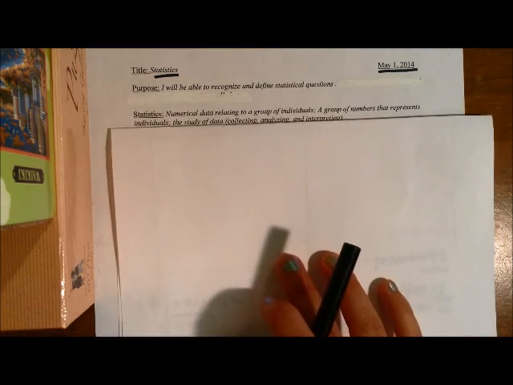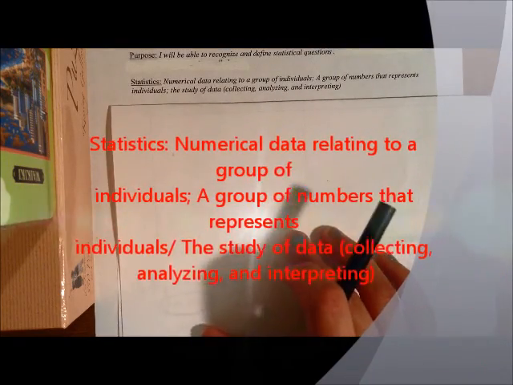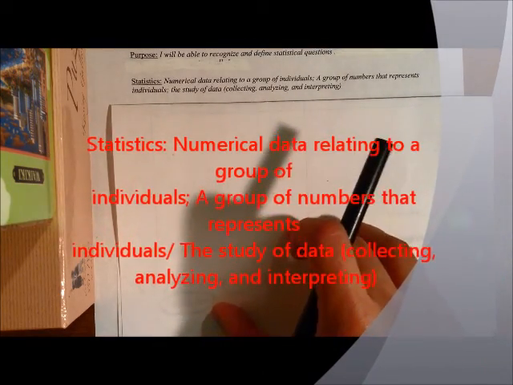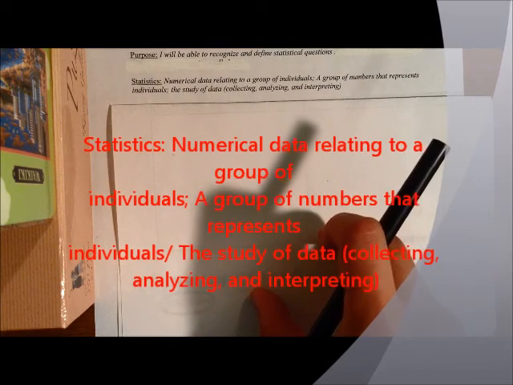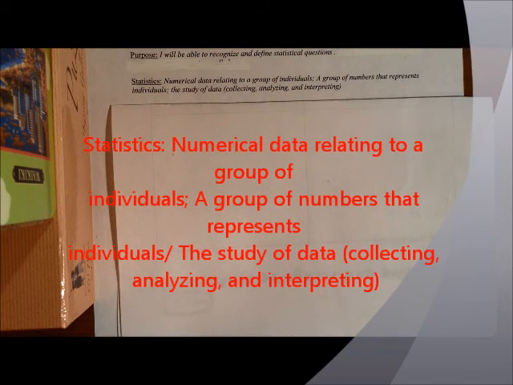First of all, statistics can be described as numerical data relating to a group of individuals or a group of numbers that represent individuals. And statistics is the study of data. So you're collecting the data, you're analyzing it, and you're interpreting it. So you're saying what it means.